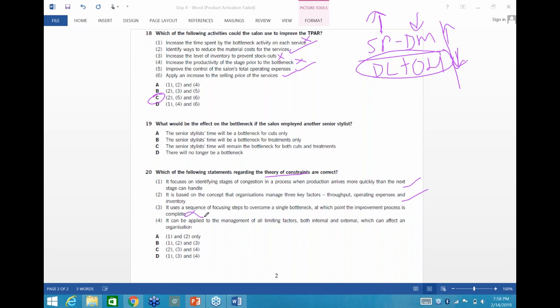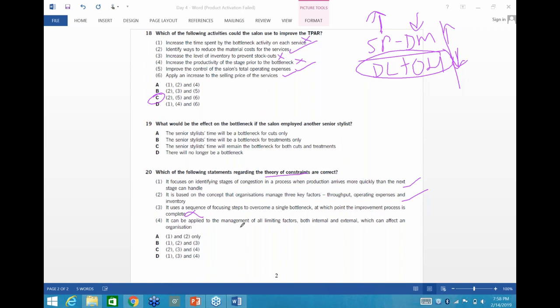No, because once that's done, the next step says go through the whole process again to identify new bottlenecks. So this is like a never ending process. The process will never be complete. It can be applied to the management of all limiting factors, both internal and external, which can affect an organization.